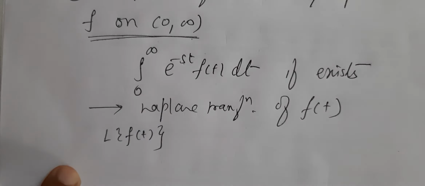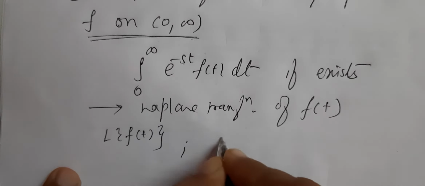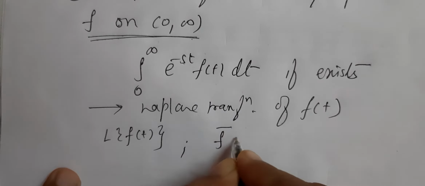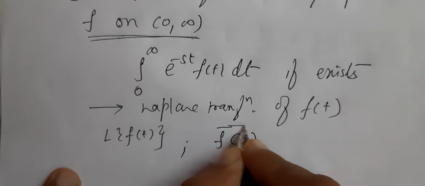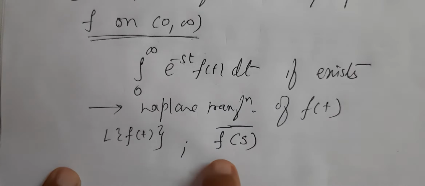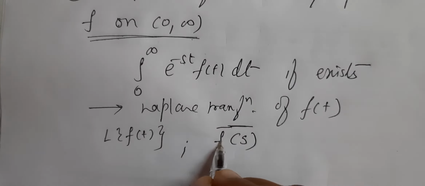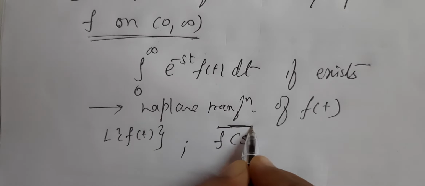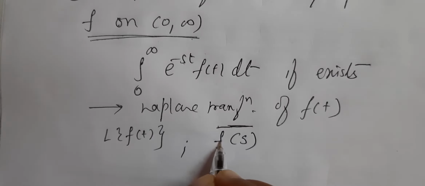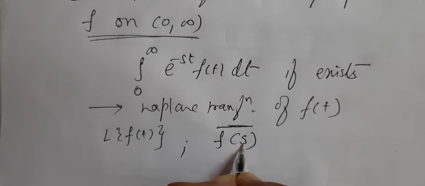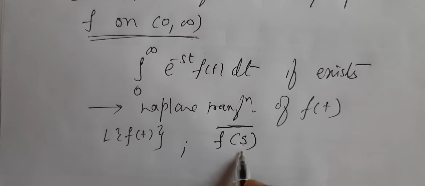L stands for Laplace, so Laplace of f(t). We may have another notation, f bar at s, and now you will come to know why I said this point. Understand the notation, notation has meaning. It is Laplace of the function f, and it is in terms of s. So this Laplace transformation we also denote by f bar.